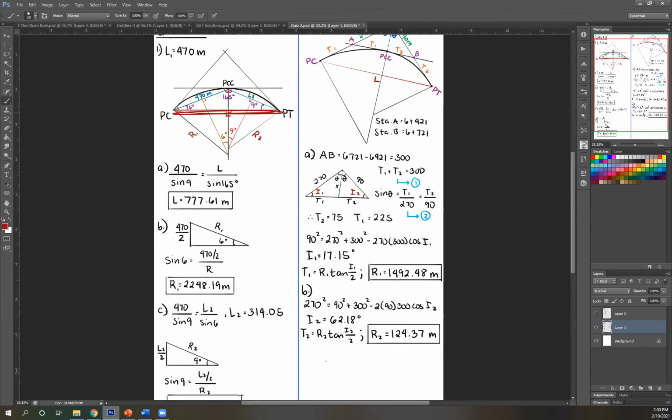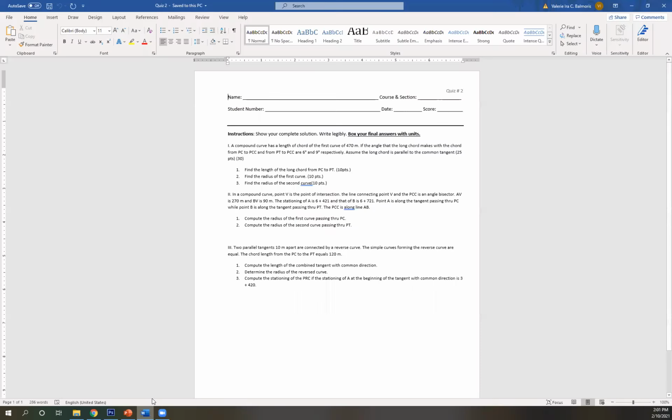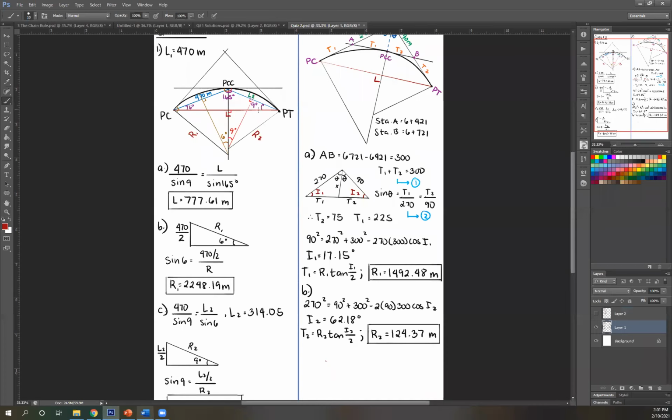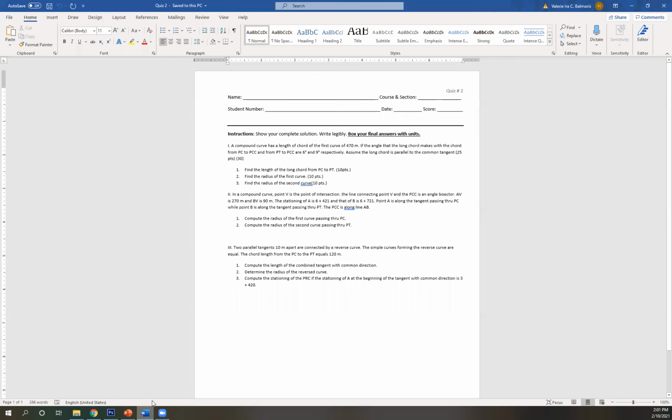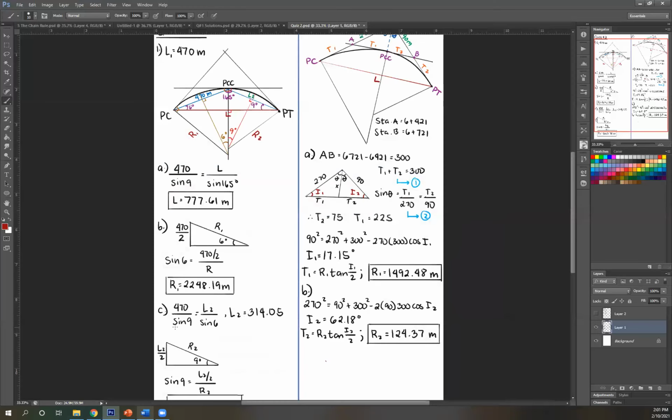Again, long chord, PT to PCC. The angle there is 9, right? 6 and 9 respectively. So that's your drawing. Next, long chord parallel to common tangent. So common tangent, that's this tangent right here, the tangent being shared between your two curves. So they're parallel. So that's why this is drawn this way.